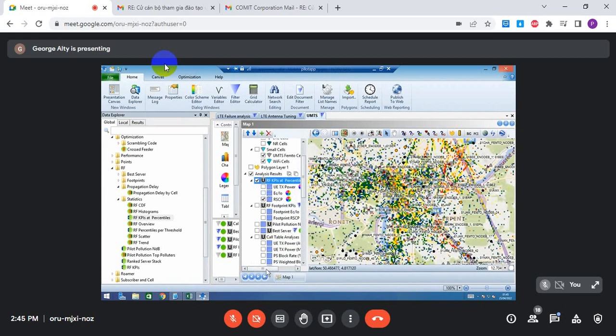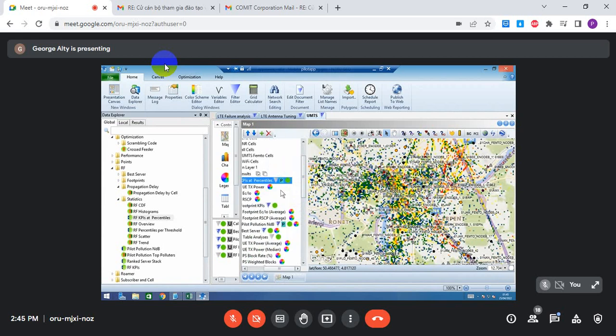All right, so let's just look at the RSCP here. So again here, this is my values, if appropriate. So that's my RSCP values. So effectively, that's showing the RSCP values. Why that's not showing better than, I don't know.